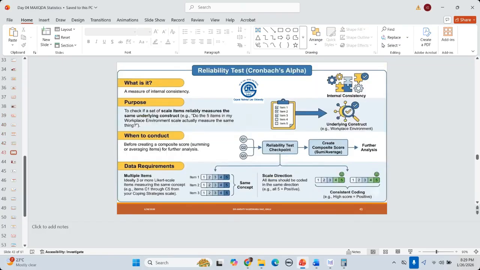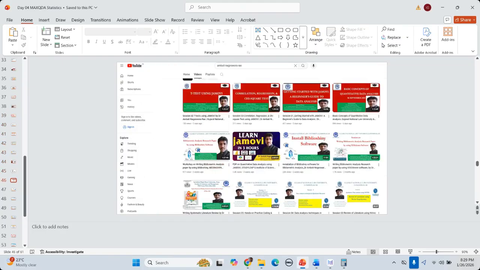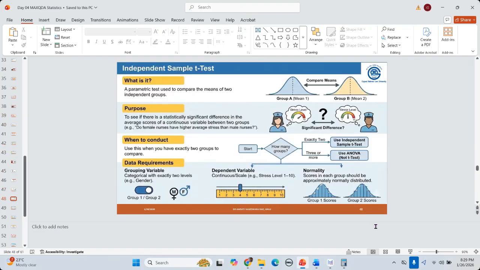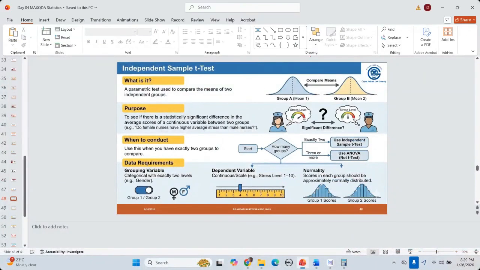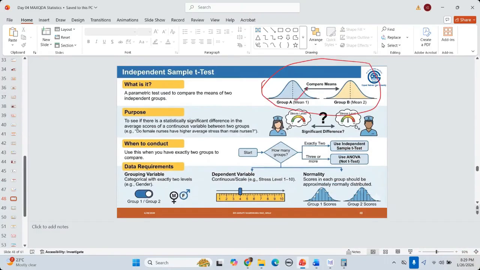Before going to other statistical tests, let me briefly summarize what we discussed. If you want to conduct an independent samples test, you require 2 variables. Like it can be private university, public university, gender, female, male, right? You're trying to understand the relationship between 2 categories.